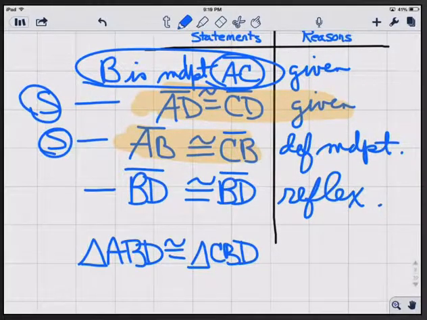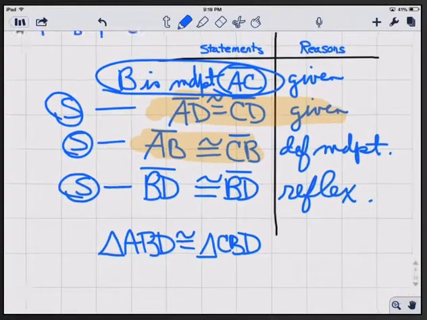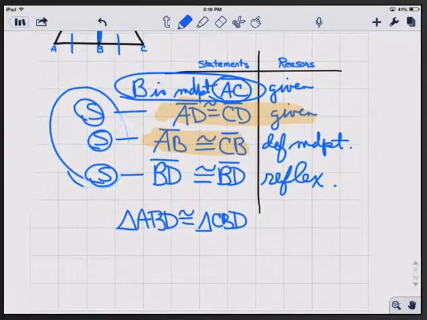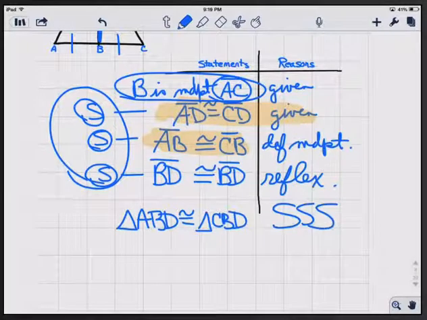So BD is a side for one triangle, and it's also a side for the other triangle. So there's our last reason. We have three pairs of corresponding sides from one triangle congruent to the corresponding parts for the other triangle. So it's side, side, side. Postulate states the triangles are congruent.